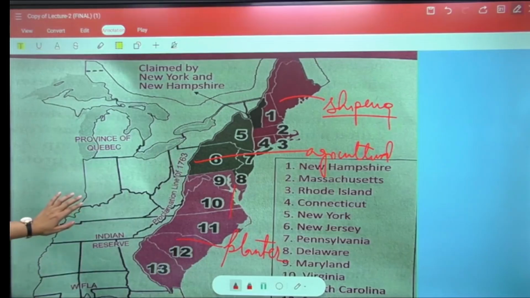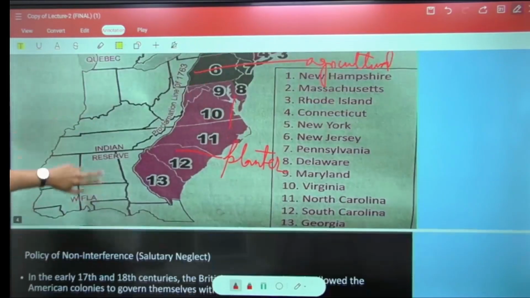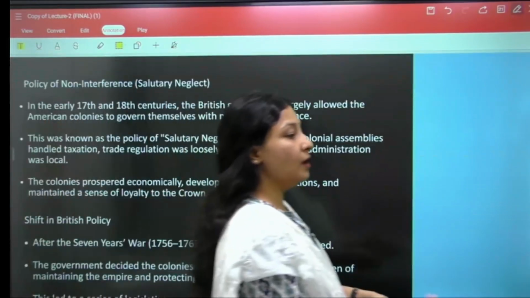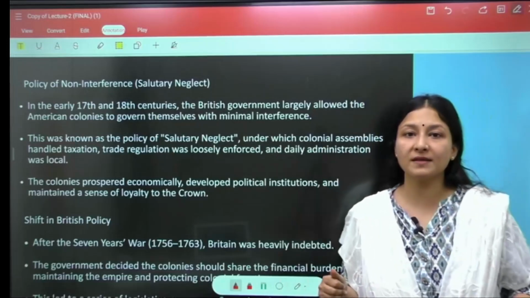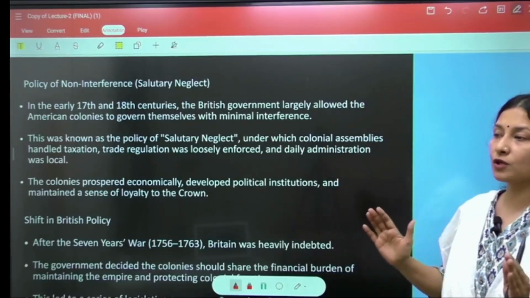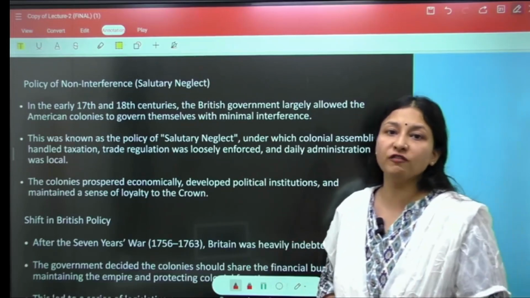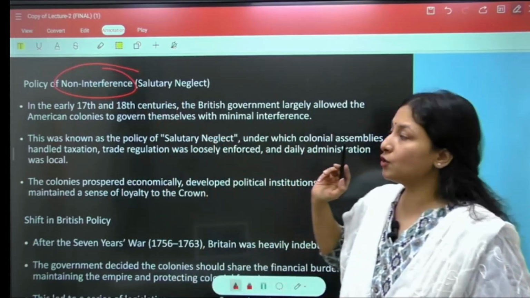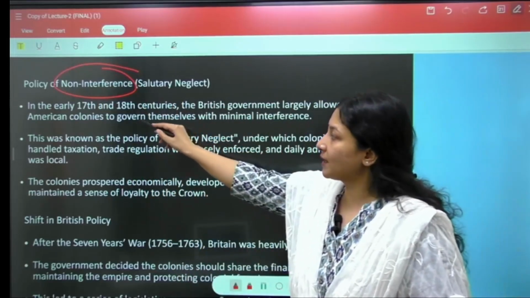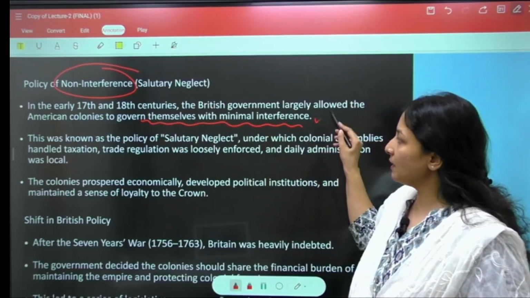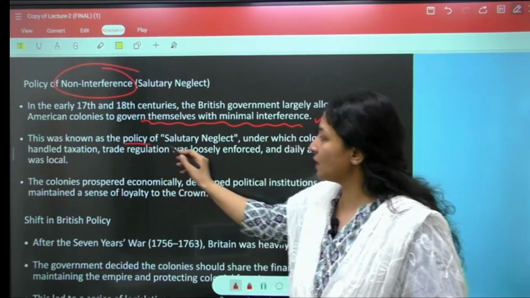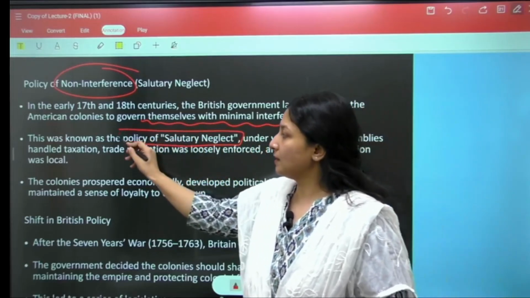We also noticed one thing after this: initially, when these people were transported to the US, the government was following a policy of non-interference. They did not participate, or kept themselves at a minimal interference stage, and this is also known as the policy of salutary neglect.